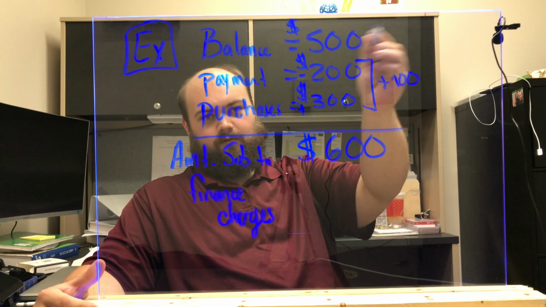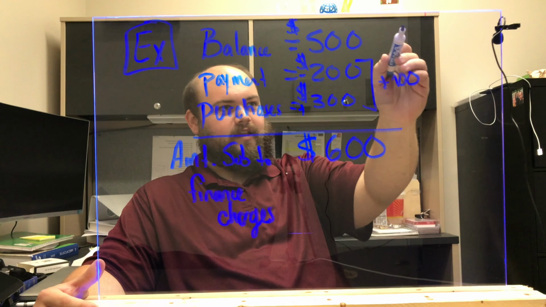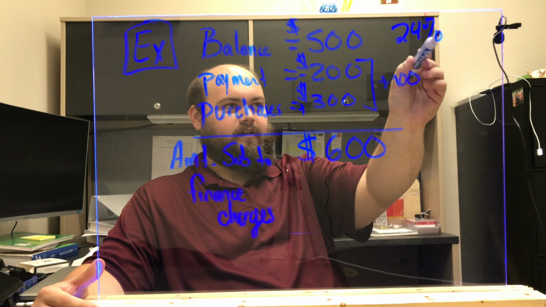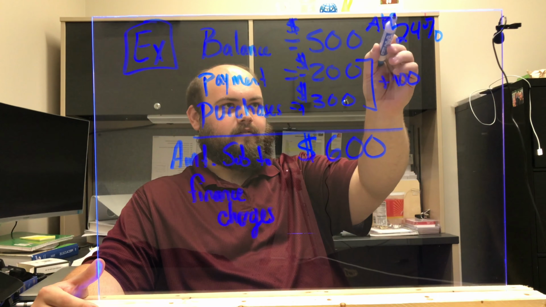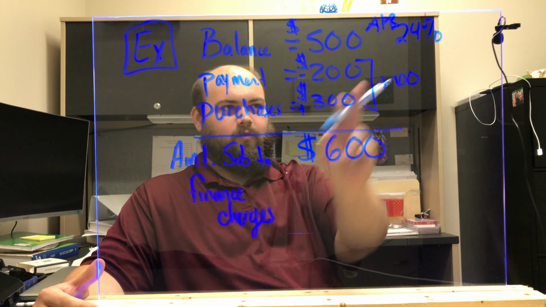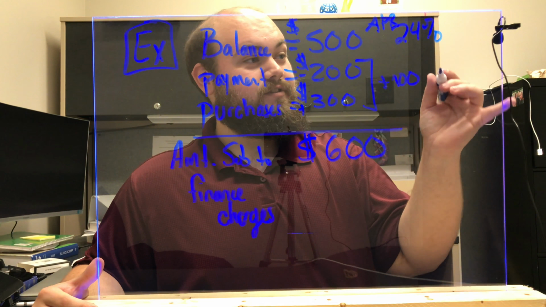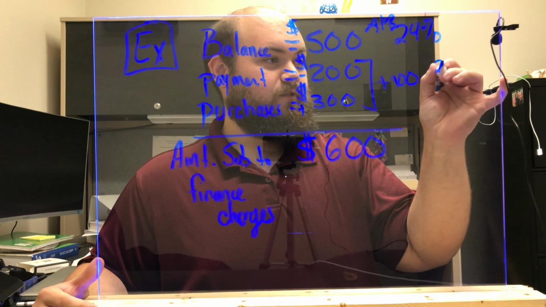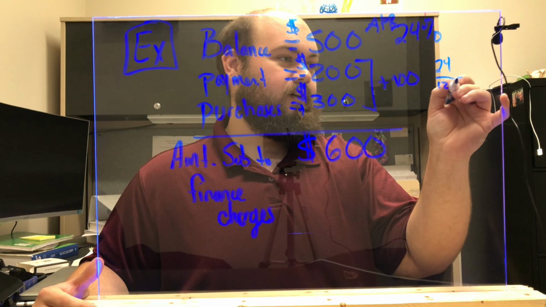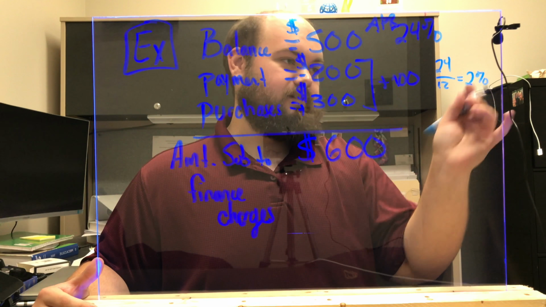Now let's say that we had a credit card that had a 24% APR. Then our monthly interest rate is going to be 24 divided by 12, or about 2%.